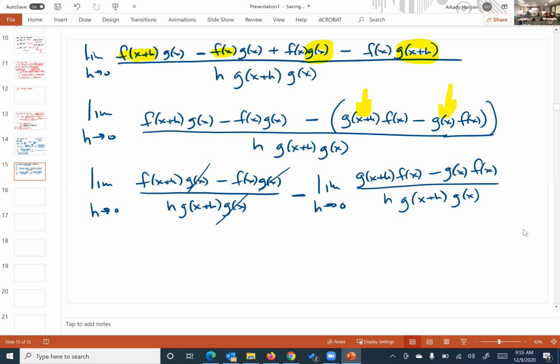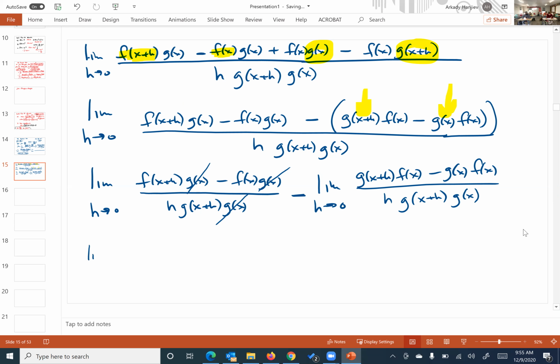Yeah. And then g of x plus h is just g of x. I think so. Notice the g of x plus h. I could move it out in front now, but also something that we talked about last time.